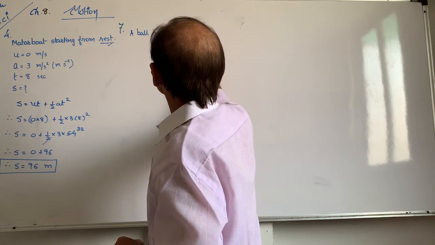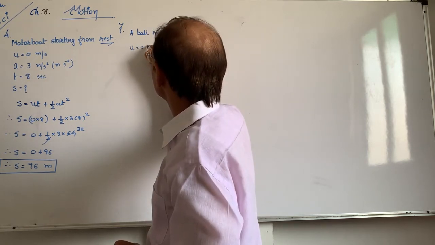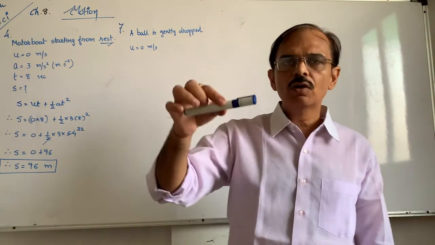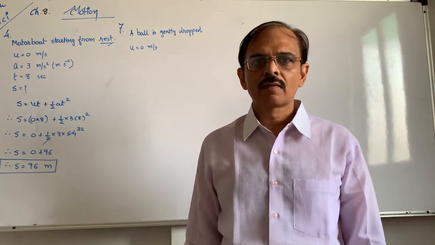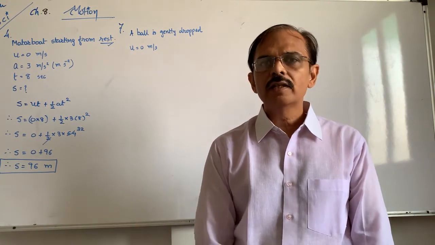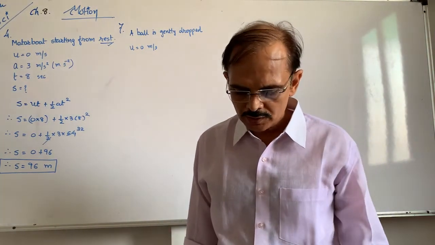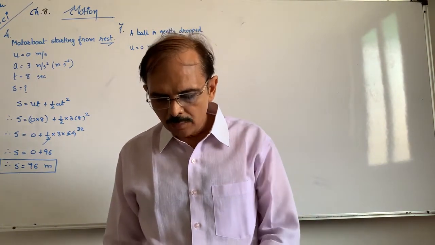If it is gently dropped, you can write initial velocity is 0, because initially we hold the ball and then we release it. That's why we take u equals 0. So the ball is gently dropped from a height of 20 meter.